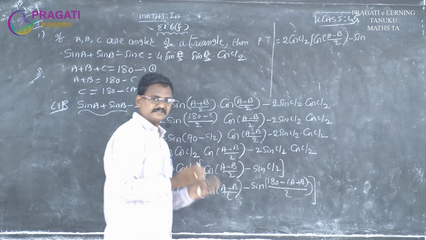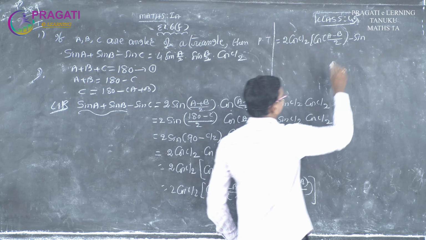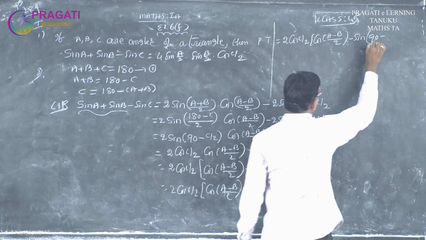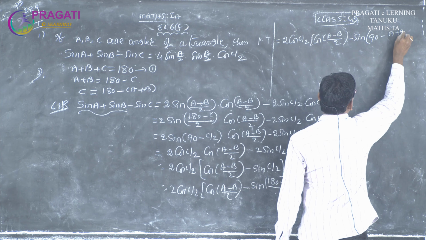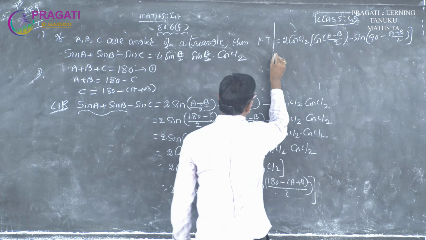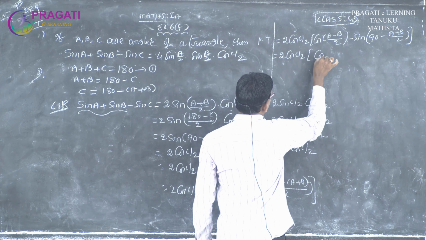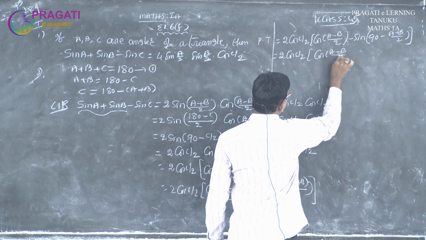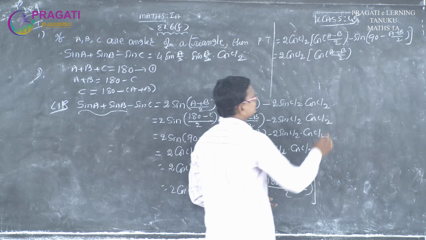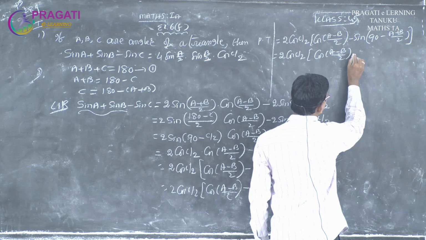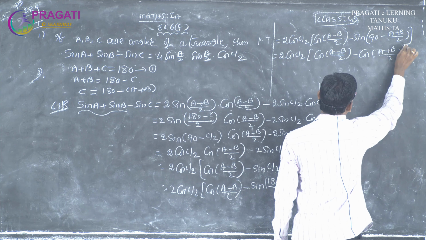Just separate: 180 by 2 we can write as 90, so 90 minus (A plus B)/2. And this is 2 cos C/2 into cos((A−B)/2). That angle is 90 degrees, and when the angle is 90, the function will be changed. So sine changes to cos((A+B)/2).